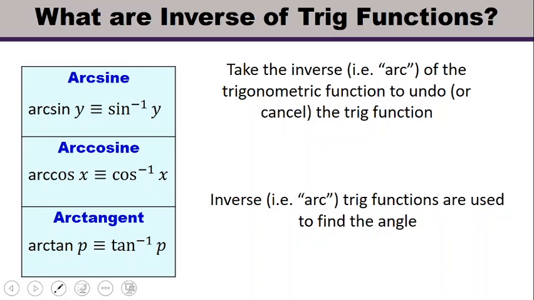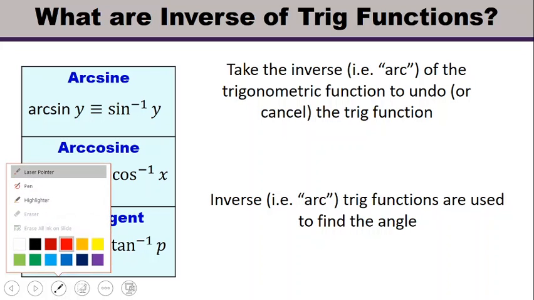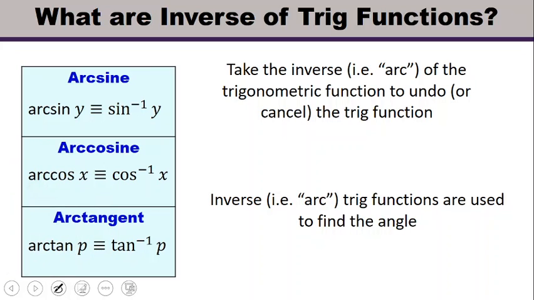When we take the inverse of the trigonometric function, we are taking it to undo the trig function. So I will explain by using this simple example. If I tell you that the cosine of a particular angle theta equals x, okay? If I want to find this angle theta, or if I want to undo this cosine, then I'm going to take the inverse or the arccosine of both sides of this equation.